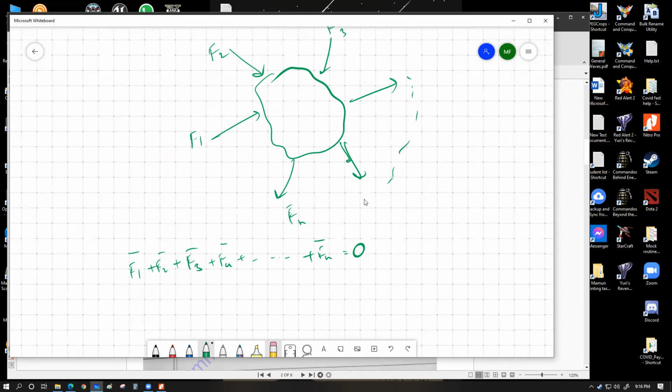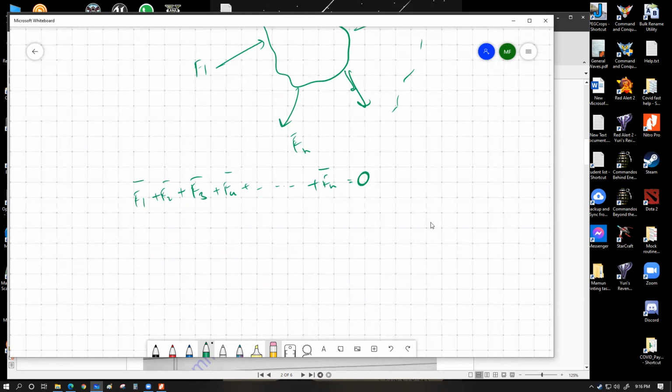The next thing is that if all the forces produce equilibrium, it would mean that if we divide the forces into individual components, for example, if I take the horizontal component of F1, horizontal component of F2, horizontal component of F3, and add up all the horizontal components, that should also be 0. Which means the resultant in the horizontal direction should be 0, and the resultant in the vertical direction should also be 0.